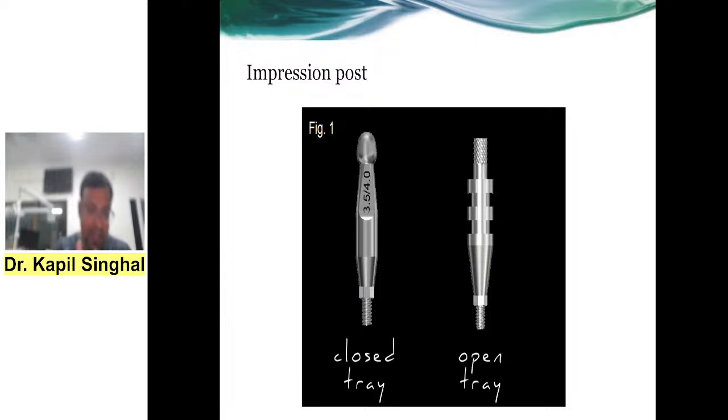But in single implant cases, if you want, you can still do a closed tray. But in multiple implant cases, multiple adjacent implant cases, the open tray technique is more preferred as compared to closed tray. So the only indication for closed tray ideally is when the mouth opening is less. Otherwise, the open tray technique is the more preferred technique. Is it clear to everyone?